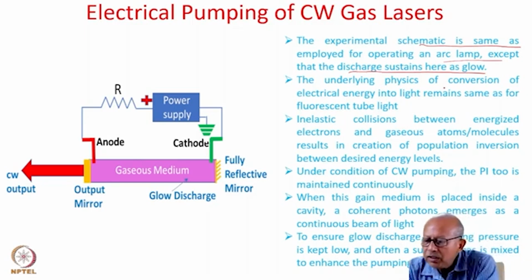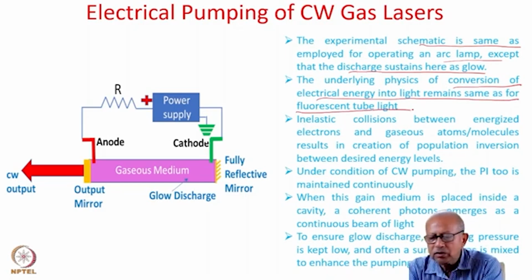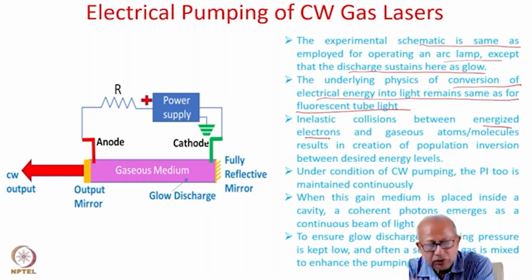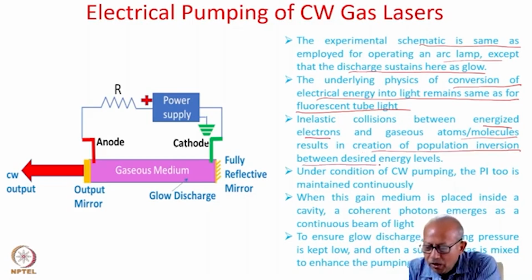The underlying physics of conversion of electrical energy into light remains the same as that of a fluorescent tube light. We just described this. Basically, inelastic collision between energized electrons, which acquire kinetic energy in the discharge, and gaseous atoms and molecules results in creation of population inversion between the desired energy levels.